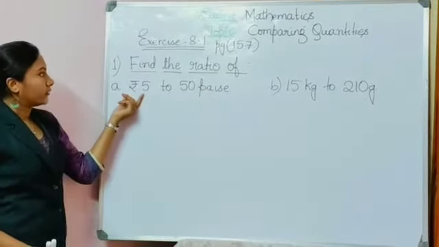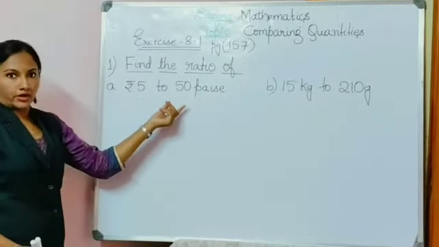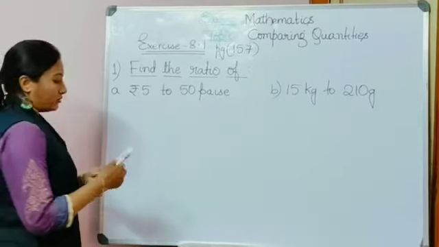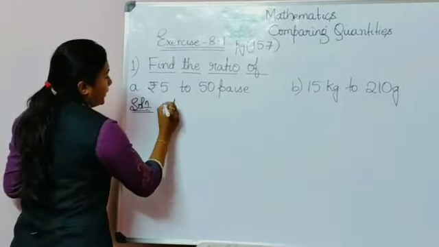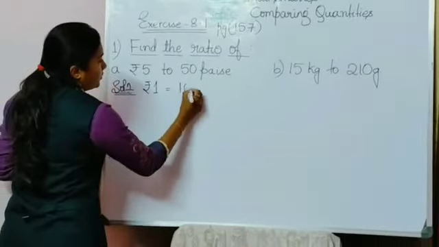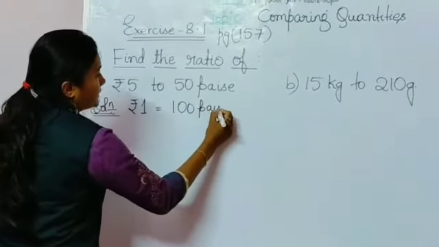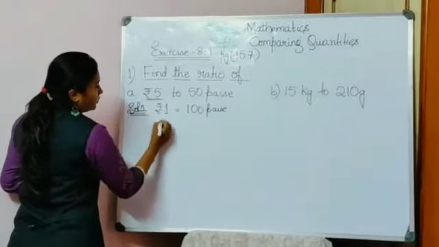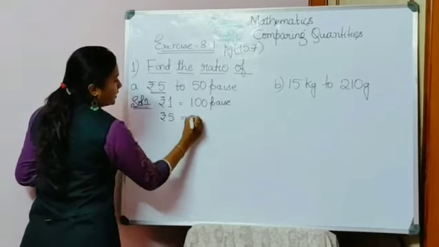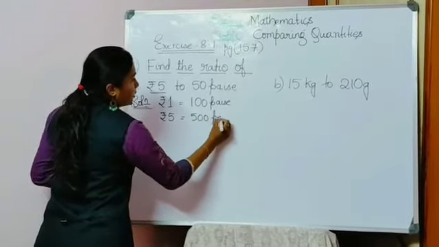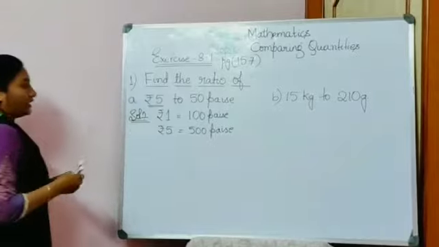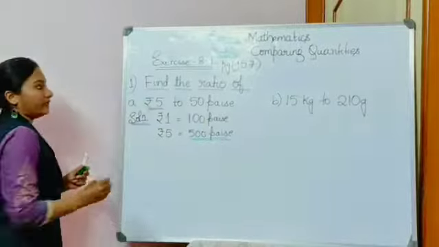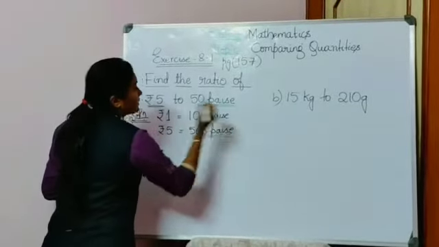So we have to convert these two to the same units. Here we have 50 paise and here rupees 5. We know that 1 rupee is equal to 100 paise. So here we have 5 rupees, so 5 rupees makes 500 paise. When we have converted 5 rupees, we get 500 paise, and we have the other amount as 50 paise.